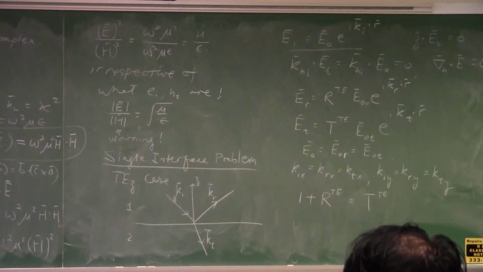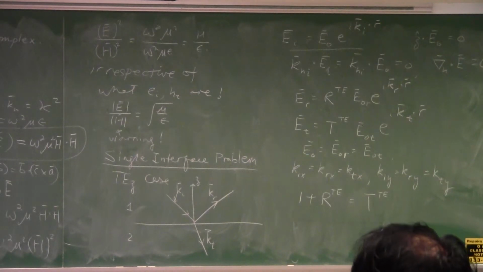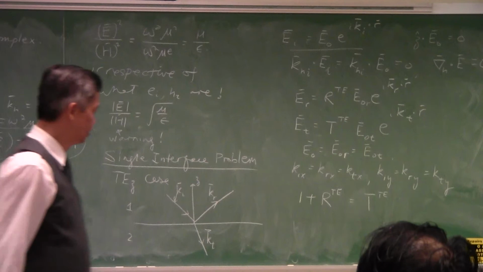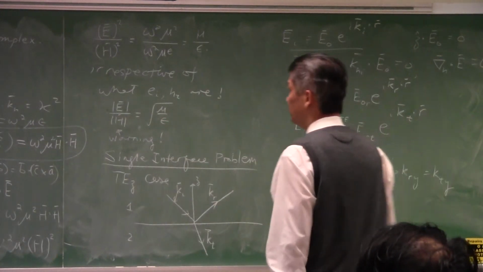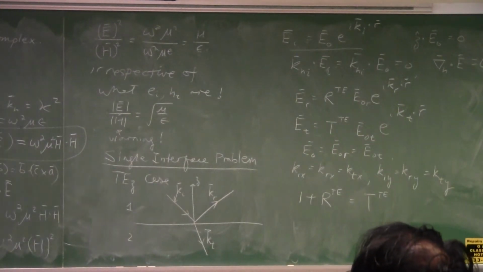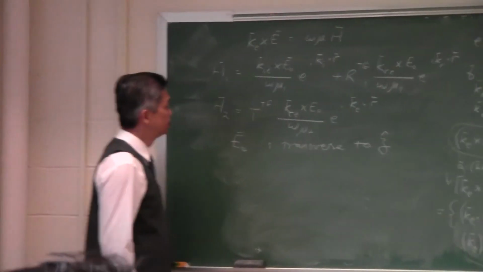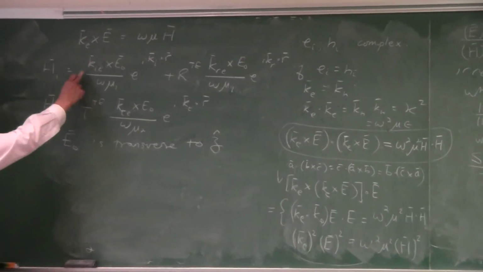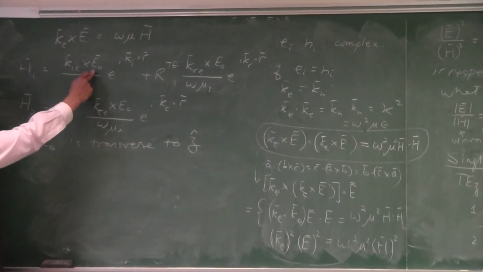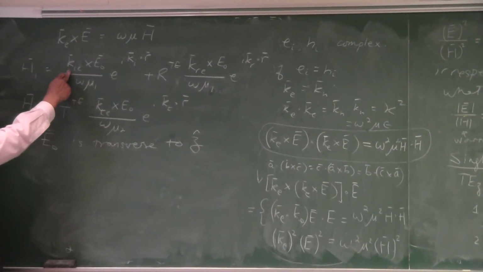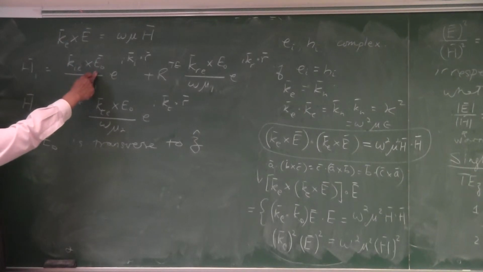And now if I demand that the tangential component be equal, E naught is completely transverse. E naught is transverse to Z. So the only thing that will produce the tangential component from here is the Z component of this crossing with this.